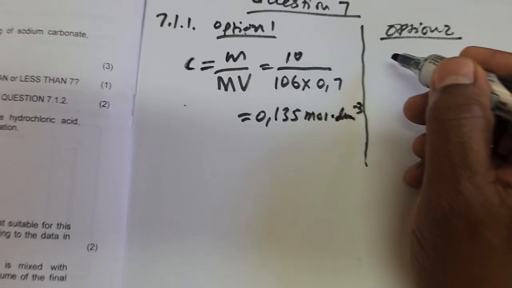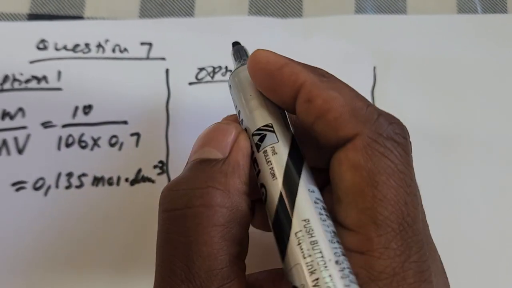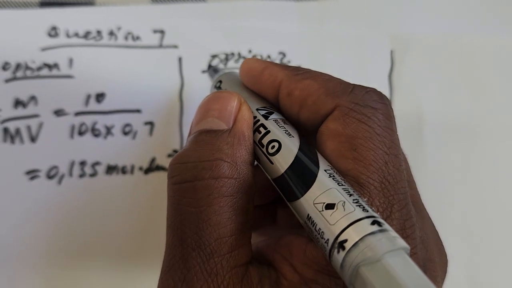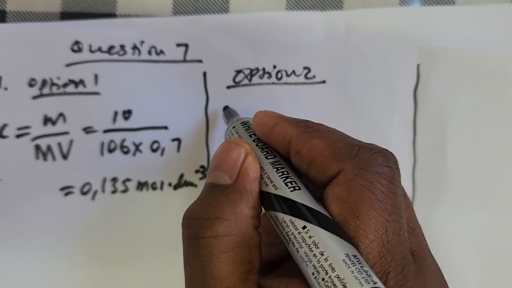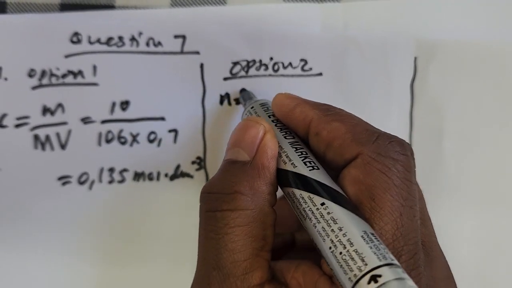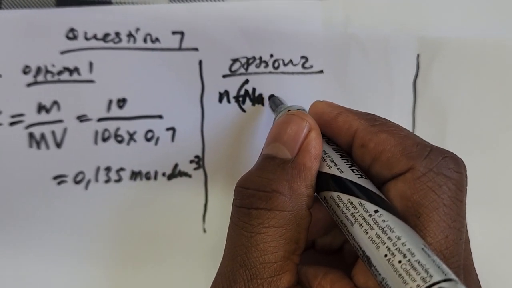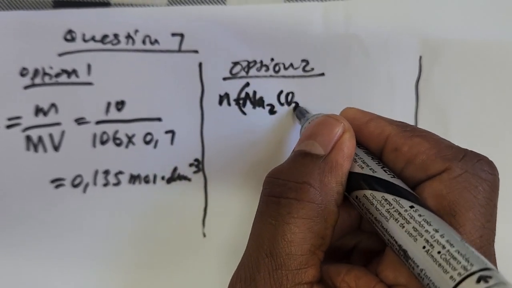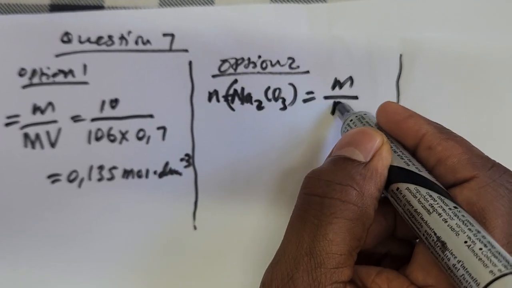And option number 2, which is the best option in my case, says you start with the number of moles of sodium carbonate, which is given by mass over the molar mass.